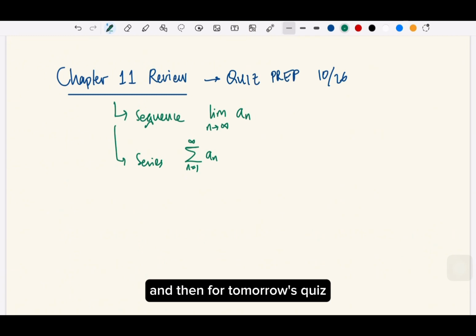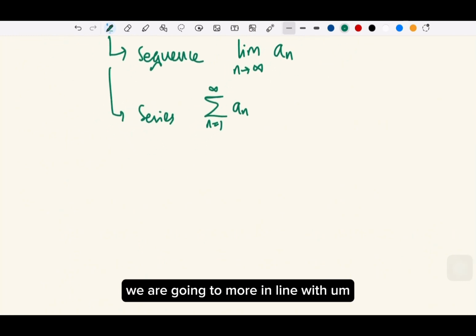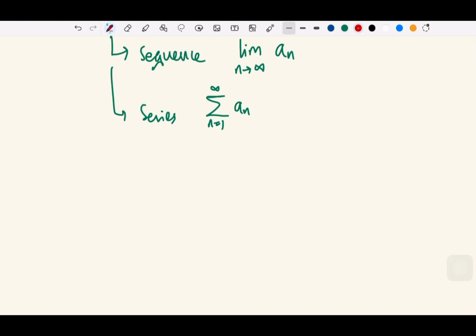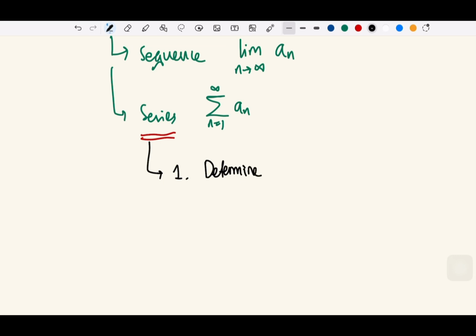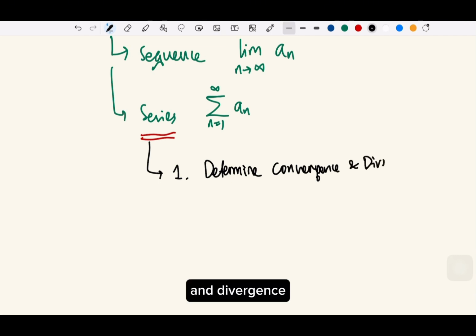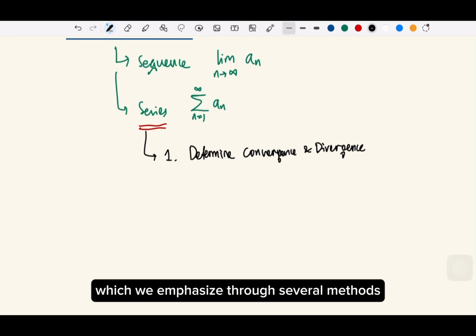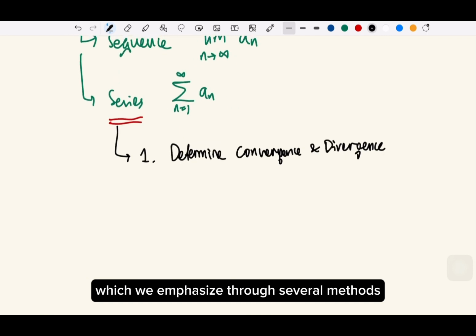And then for tomorrow's quiz, we are going to more in line with the series, which includes first is determine convergence and divergence, which we emphasize through several methods.